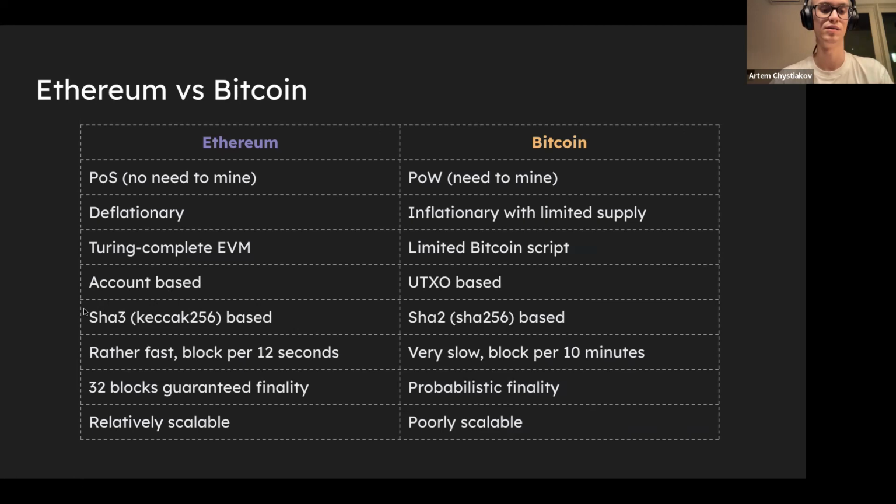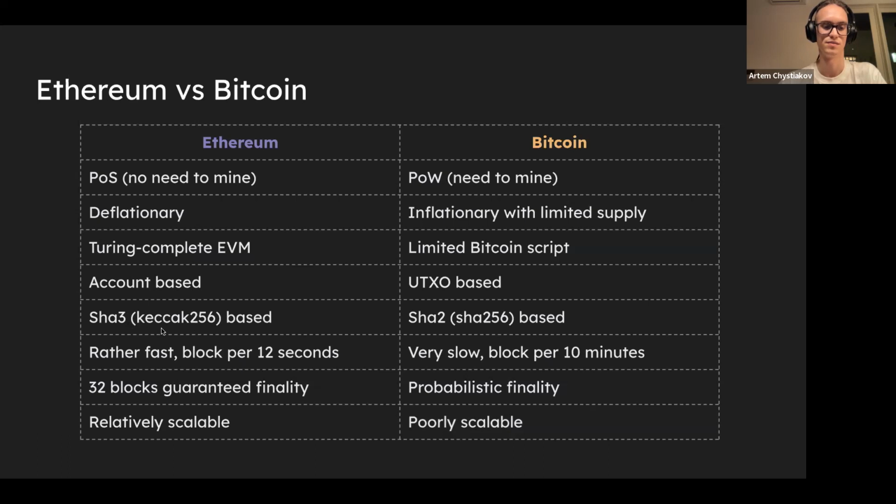Ethereum is mostly based around the SHA-3 hash function. What's actually used in Ethereum is Keccak-256.